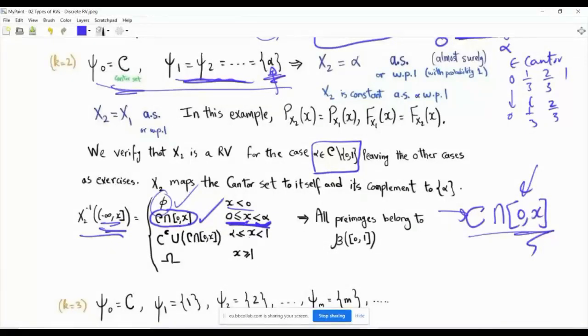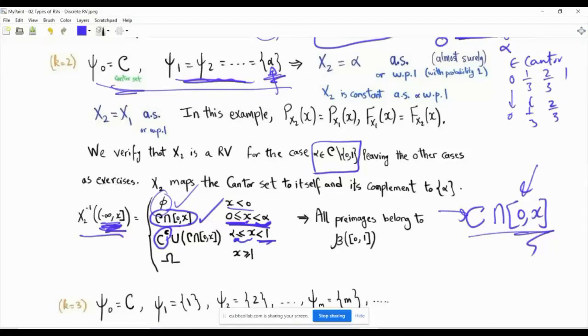Okay, now investigate the pre-image when x is greater than or equal to alpha, but strictly less than 1. So now alpha is included. So what is the pre-image? Now remember that the elements not in the Cantor set are mapped to alpha.